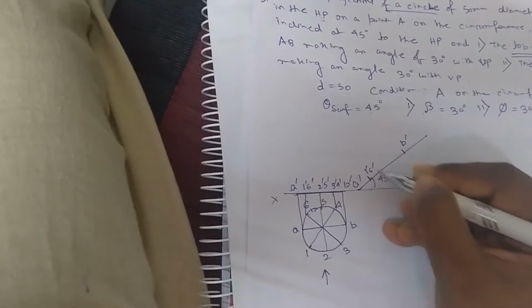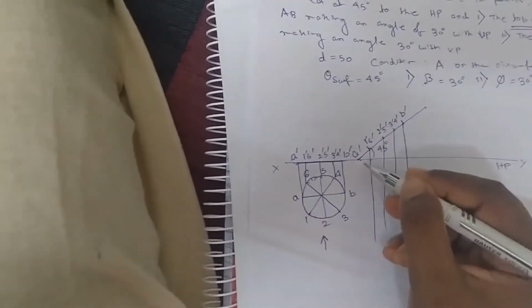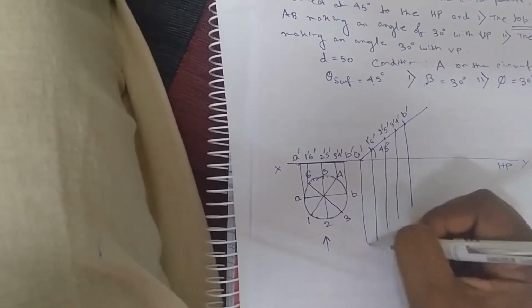After that 1 dash 6 dash, 2 dash 5 dash, 3 dash 4 dash point. After getting all these points from this figure, we are going to simply extend all those points from top view and our front view.